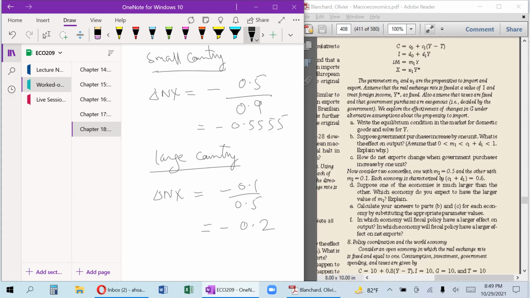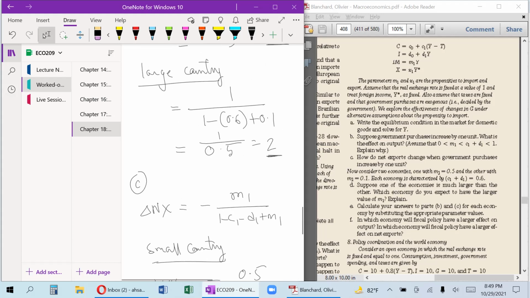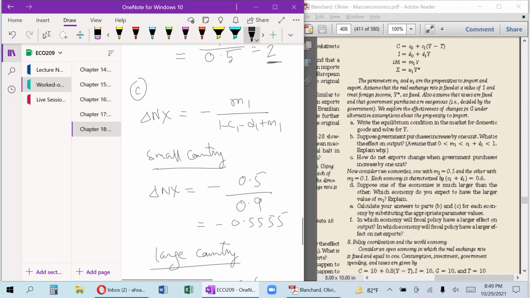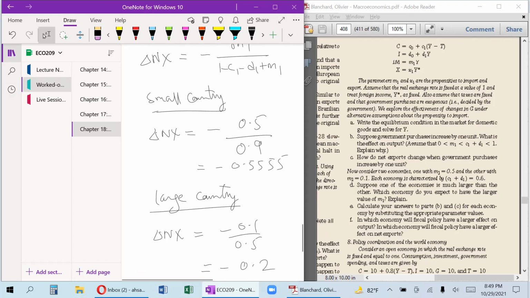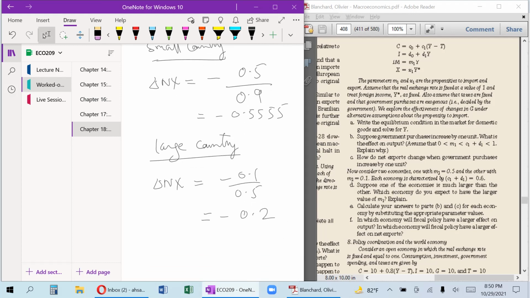So what does that mean? Whenever there is a 1 unit change in government expenditure, we know that Y will go up, as we established here. But when government expenditure goes up, it's also going to reduce the net export of the small country by 0.55 and reduce the net export of the large country by 0.2.